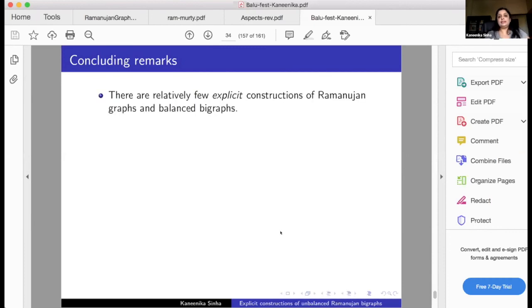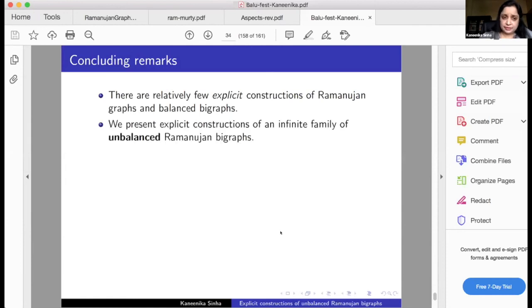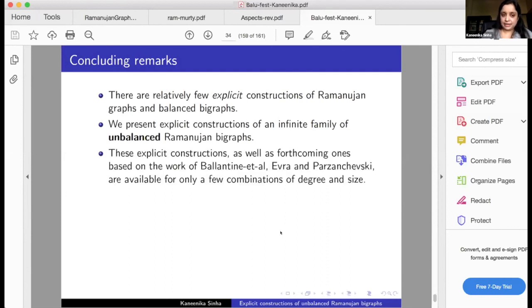Concluding remarks. As I mentioned before, there are relatively few explicit constructions of Ramanujan graphs, balanced as well as unbalanced bigraphs. Here we presented explicit constructions of an infinite family of unbalanced Ramanujan bigraphs, and we believe this is the first such explicit construction.